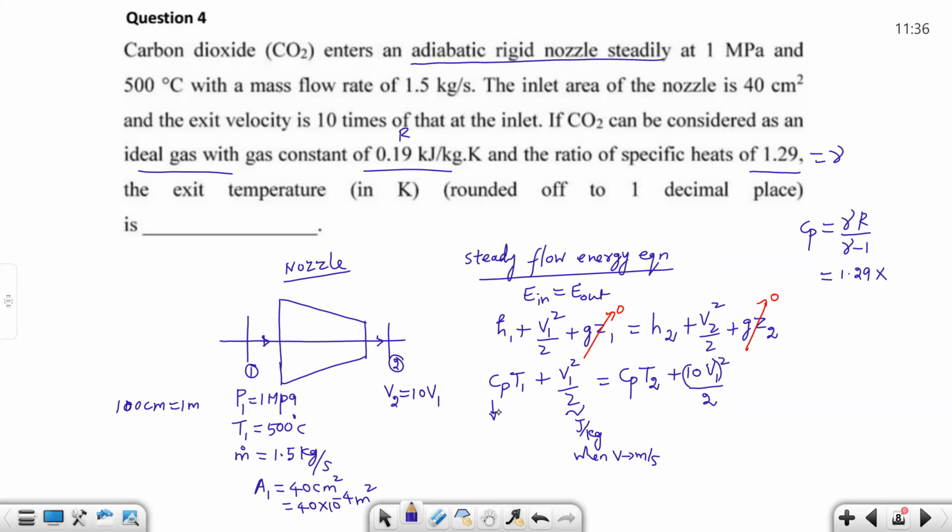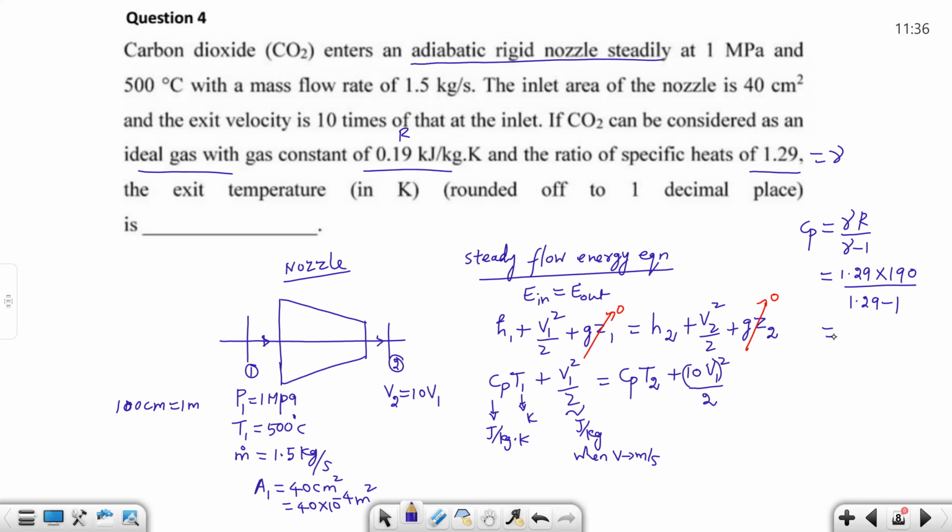So Cp must be in joule per kilogram Kelvin, not kilojoule, and temperature must be in Kelvin, not degree centigrade. So you substitute R: 0.19 kilojoule per kilogram Kelvin becomes 190 joule per kilogram Kelvin, divided by gamma minus 1.